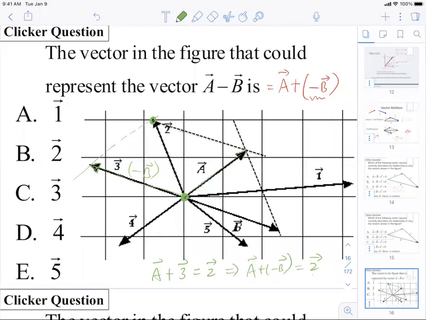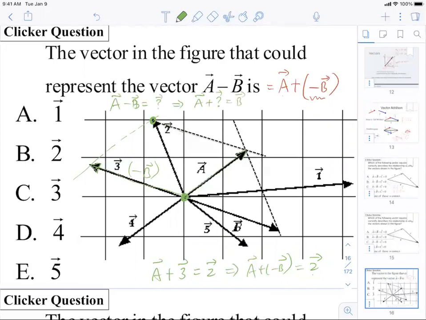There is another way to do this. Let's say I'm not comfortable working with minus signs. I want to work with additions. So I want to say, okay, A minus B is represented by which vector? I don't know. But I want to say, if A minus B is this vector, then A plus which vector gives me B?